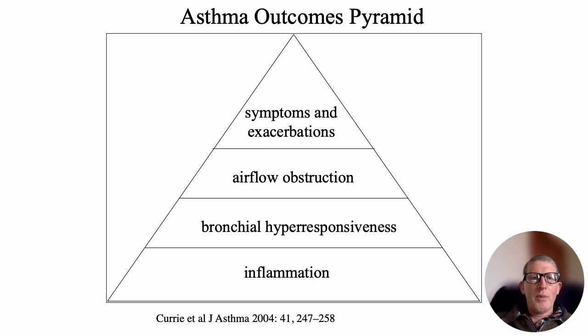Then we have airway hyperresponsiveness, one of the hallmarks of asthma. And then we have the type 2 inflammation, which you can measure by biopsy, sputum eosinophils, blood eosinophils, or exhaled breath nitric oxide.